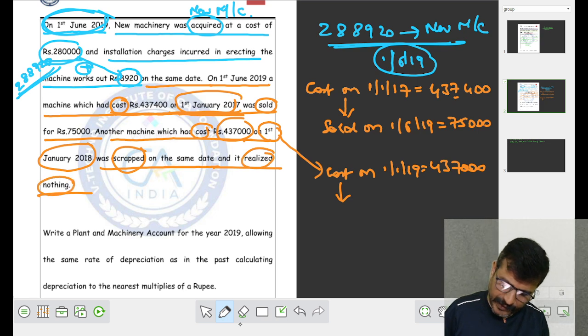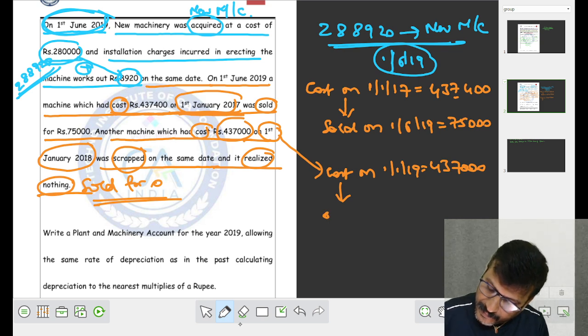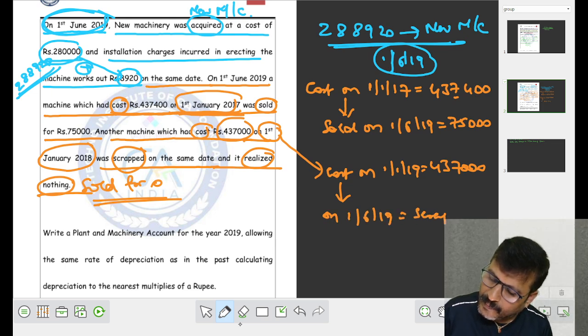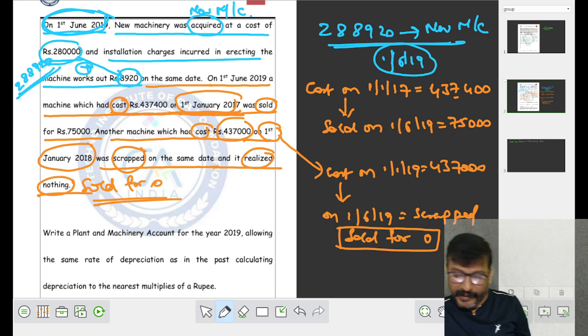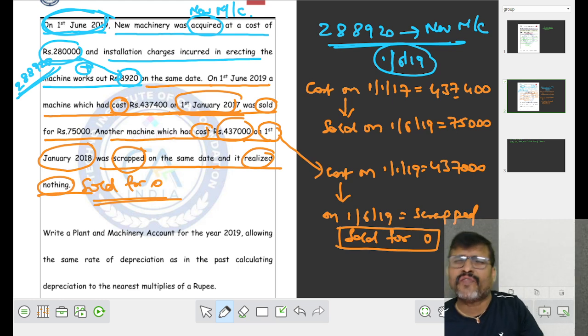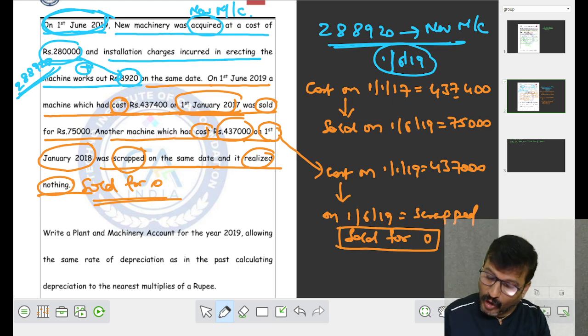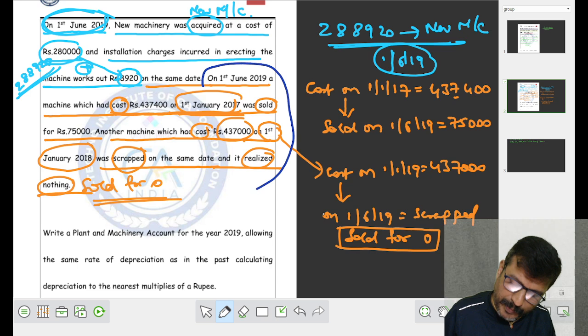Realized nothing means sold for 0, on 1st June 19. Scrapped means sold for 0. Please, my dear student, have a lot of concentration in understanding this particular message.